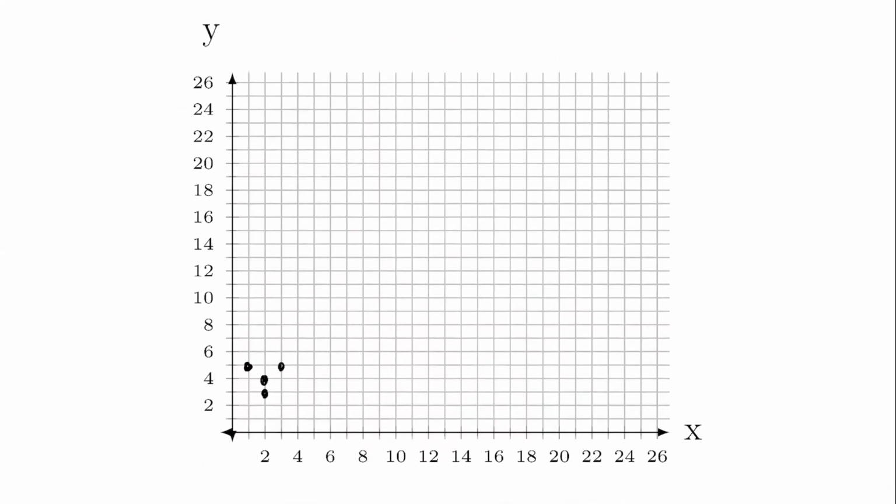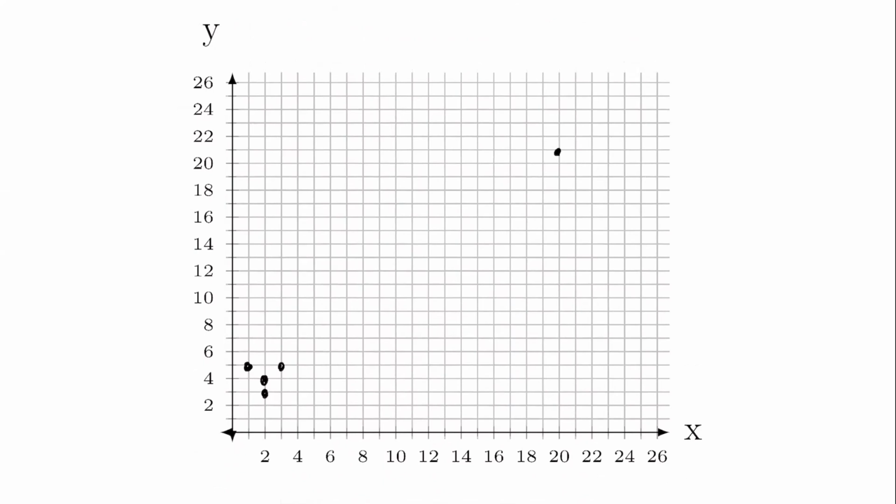And then you have 20 comma 21. All right, so those are my 5 points on the scatter plot. Any questions so far on just the scatter plot?